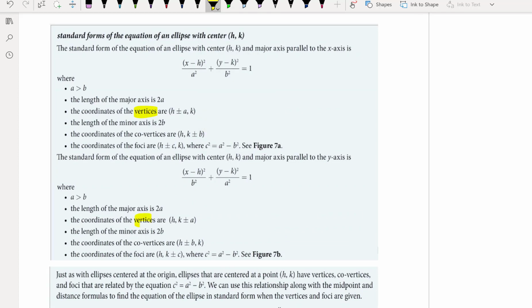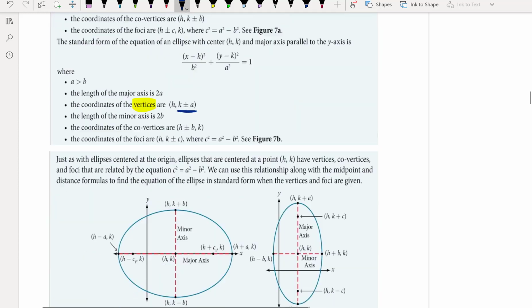Which one is it where the y value is fixed? Well, that would be this one. Because this y value down below would have it as k plus or minus a, which means these are going to be different, versus this k value, which tells us that the y value is fixed for the vertices. So now I know what type of equation I'm looking for. Now that I identified the equation, I can use that to get this information.